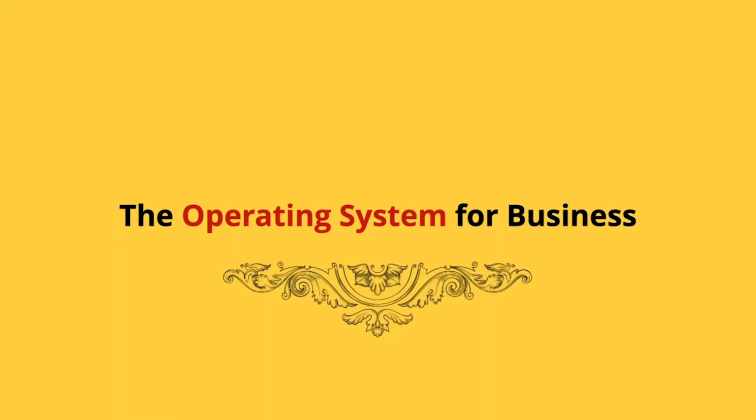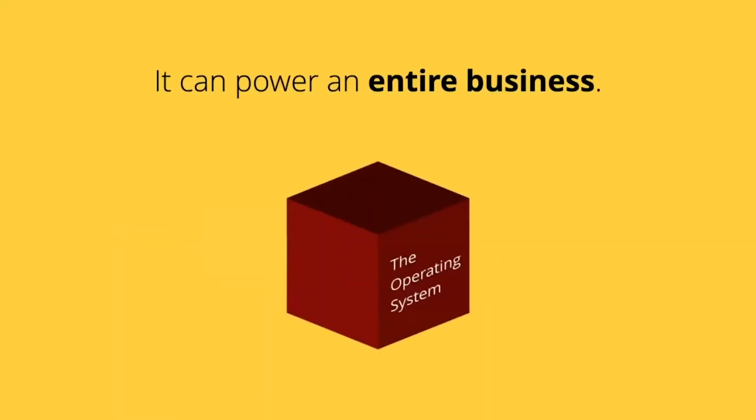The idea behind this is it can power an entire business, right? Whatever you're doing within your business, we have something that can help you run it. And in fact, if at some point you decide you want to run your whole business on Zoho One, our goal is to have something that is entirely capable of that, right? So we tend to think of this as being in three distinct layers.